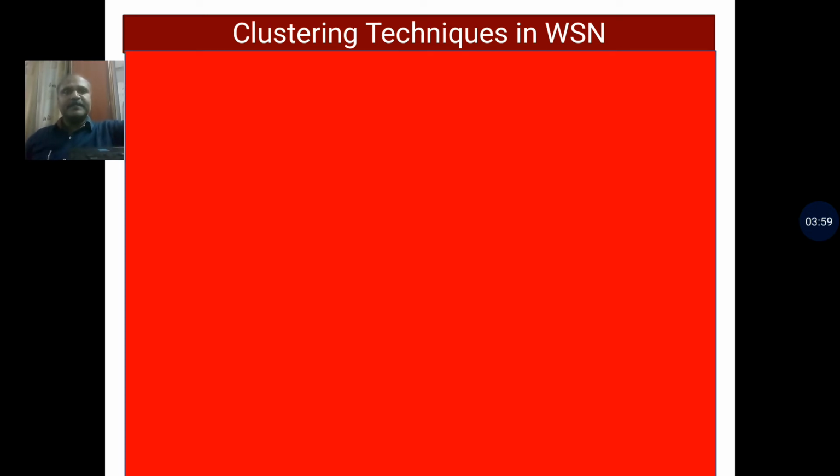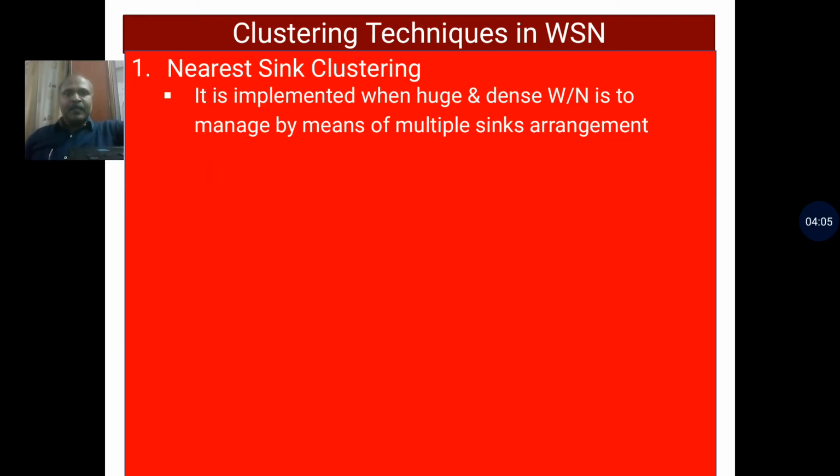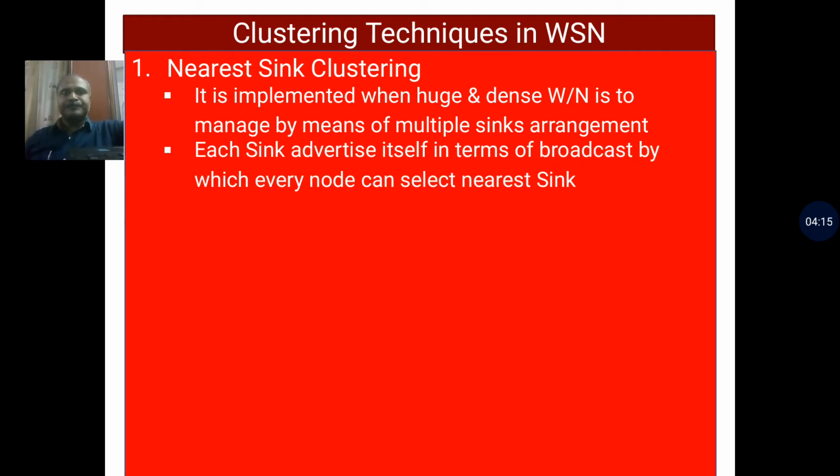Clustering techniques in wireless sensor network. Nearest sink clustering. It is implemented when a huge and dense network is to be managed by means of multiple sink arrangement. Each sink advertises itself by broadcast, by which every node can select the nearest sink.